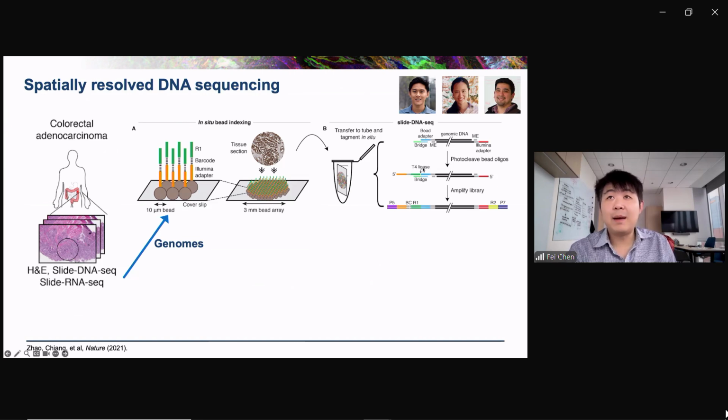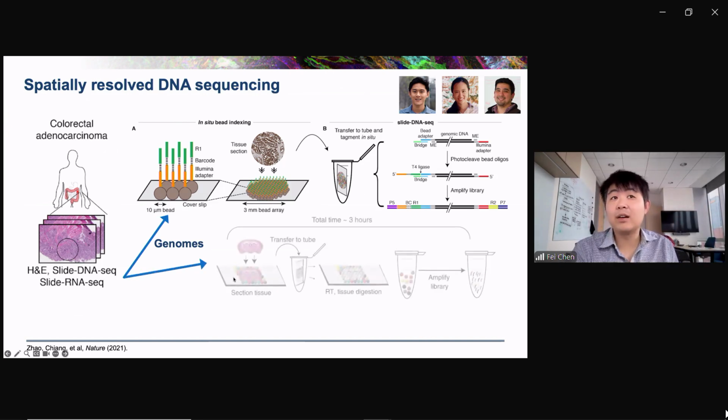And these adapter sequences could then be captured by the beads. So now instead of capturing mRNA, you're capturing DNA. And in parallel, it shares the same bead indexing, so you can capture the RNA in just an adjacent section.